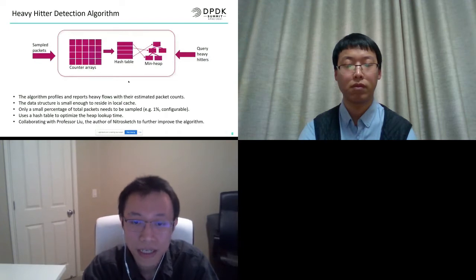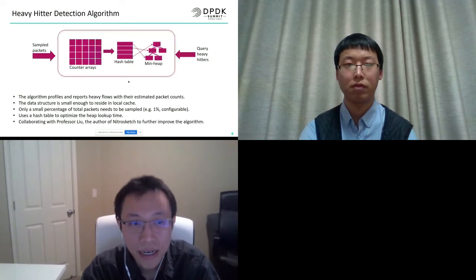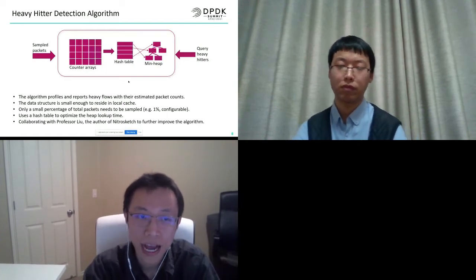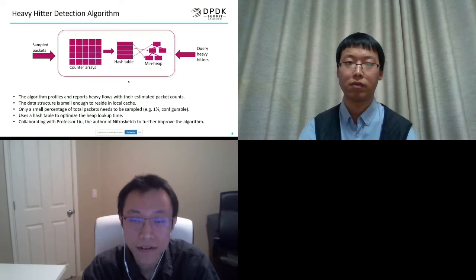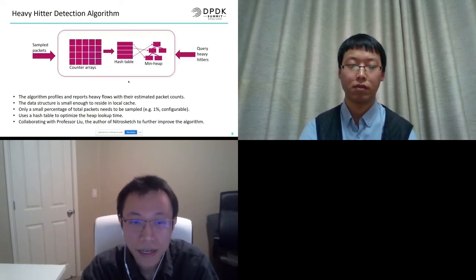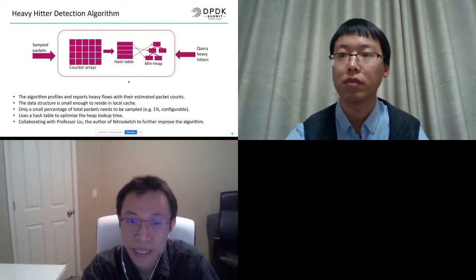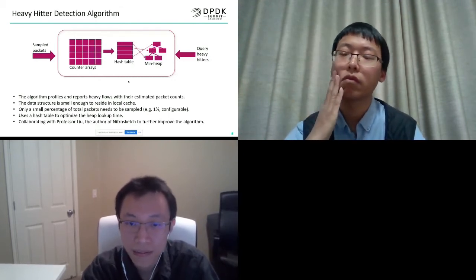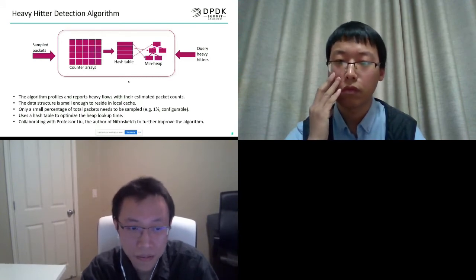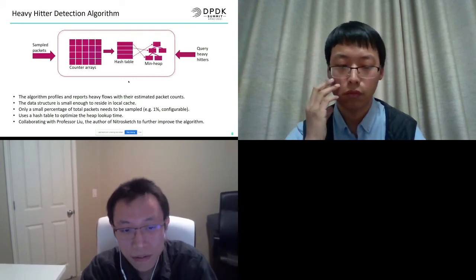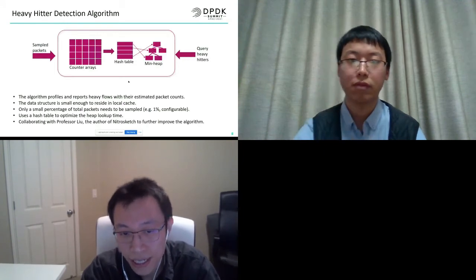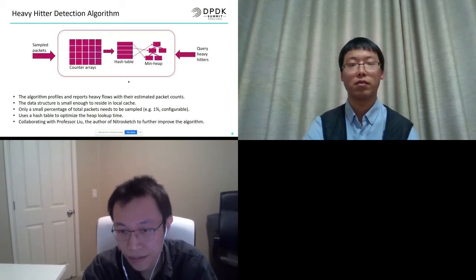For example, we use 1%, which already meets our requirement, which means we only sample 1% of the total packets to accurately get all those heavy hitters. We also use the hash table here to speed up the lookup time into the min heap. Currently we are collaborating with the professor from Boston University, the author of NitroSketch, to further improve the algorithm.